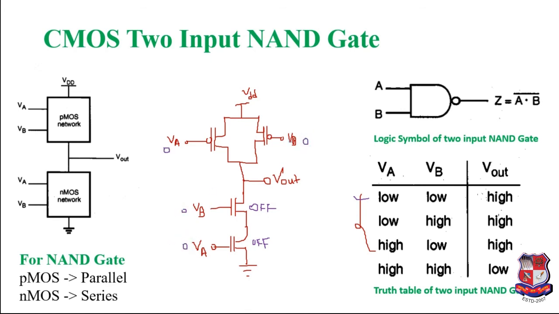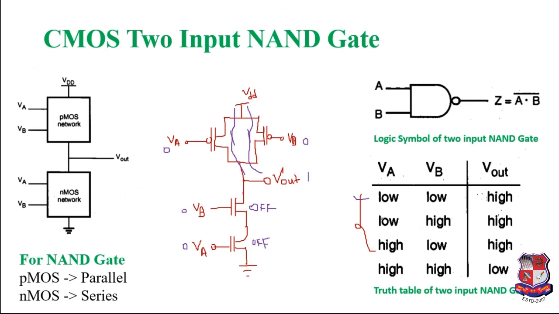However, for this condition, both PMOS transistors will be turned on and short circuited. So there is a path from VDD to Vout through VB, and VDD to Vout through VA also. In that case, the output will be logic high.